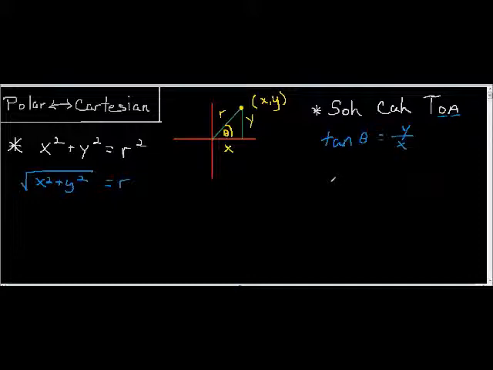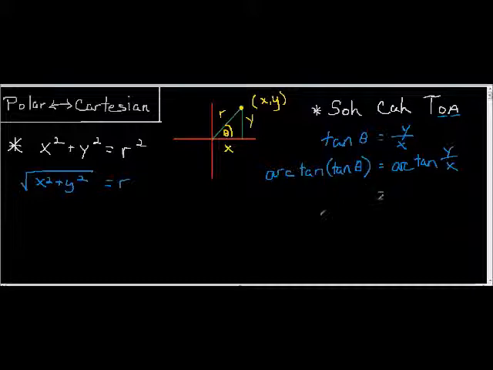And so now we have to solve for theta itself. So we take the inverse tangent of both sides of the equation. And so I'm just going to write it as arc tan of the tangent of theta equals the arc tan of y over x.